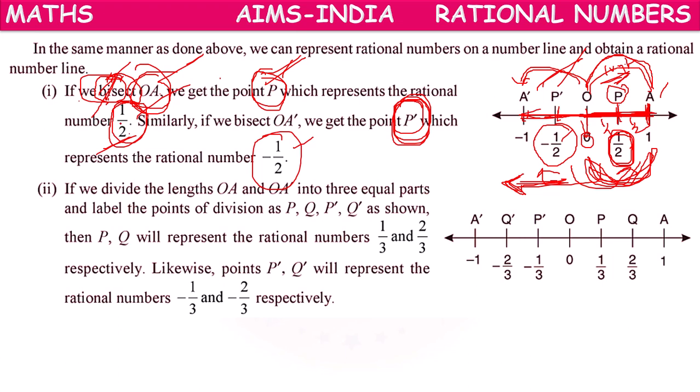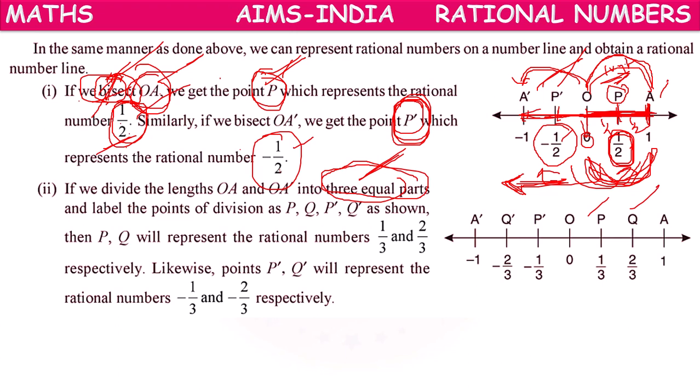Why are we getting 1 by 2 and minus 1 by 2? Because we are bisecting, dividing 1 unit into 2 equal parts. Instead of 2 equal parts, if we trisect it, that means dividing into 3 equal parts, we have to take the help of 2 points.